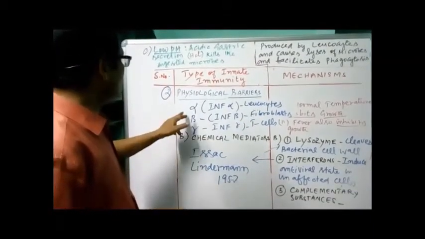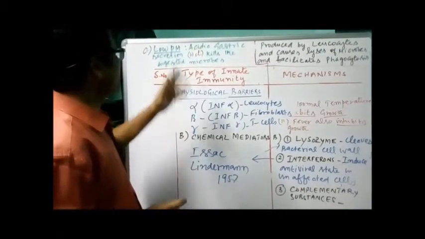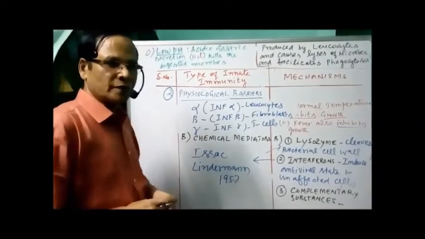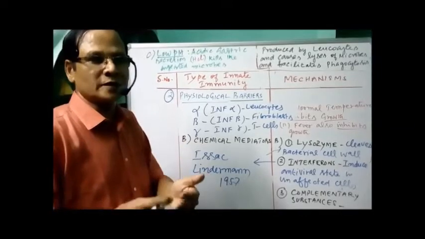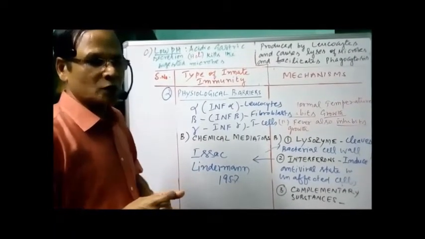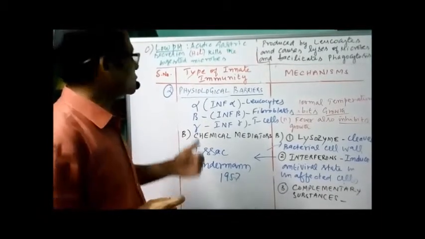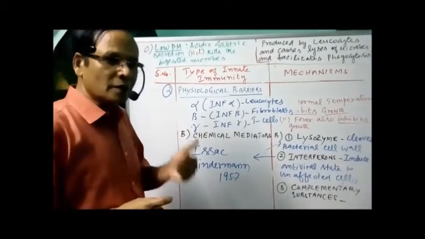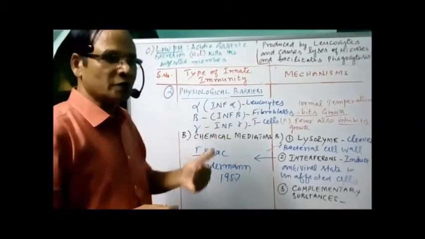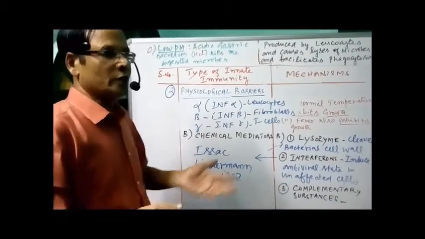Now coming to the third under the physiological barrier is the low pH. If you are taking the stomach, the gastric secretion, the gastric juice, which is acidic in nature, the pH is ranging from 1.5 to 2.5, strongly acidic. Such a strong acidic medium normally kills those bacteria and other microorganisms that are being ingested while feeding.